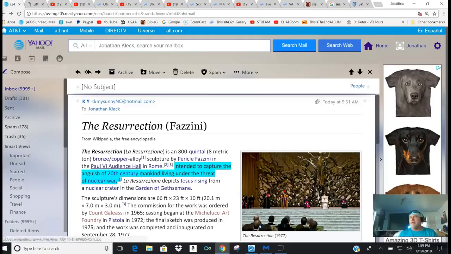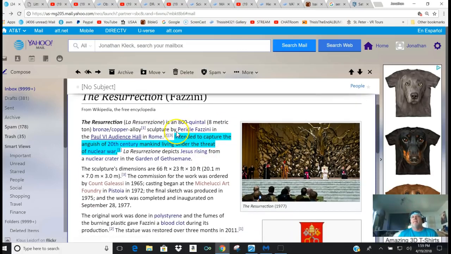you know what, let me show you what the definition of that is. I want to make sure I get all the definitions right. The Resurrection from Fazzini: the Resurrection is an 800 quintal, 8 metric ton bronze copper alloy sculpture by Pericle Fazzini in the Paul VI Audience Hall in Rome, intended to capture the anguish of 20th century mankind living under the threat of nuclear war.